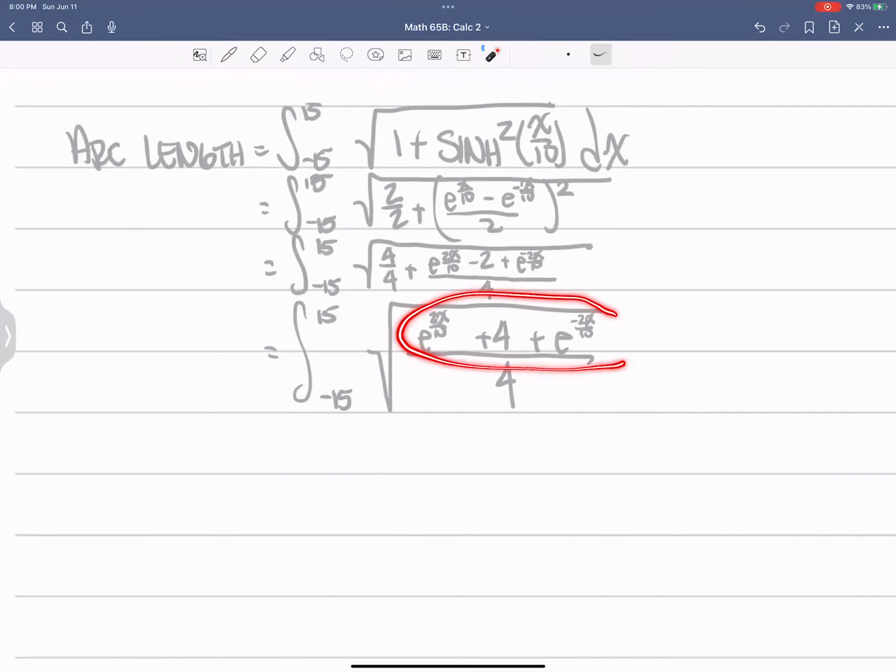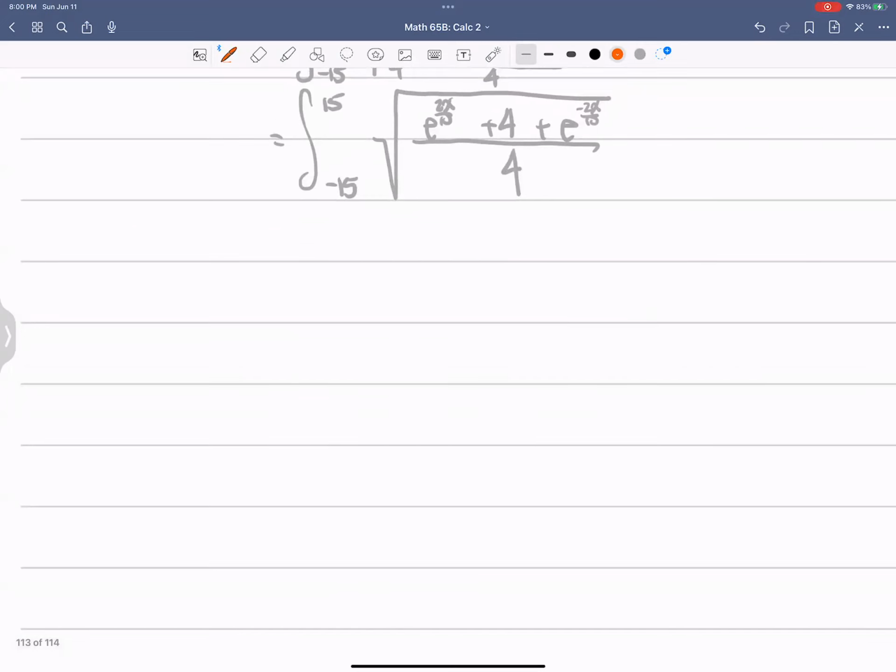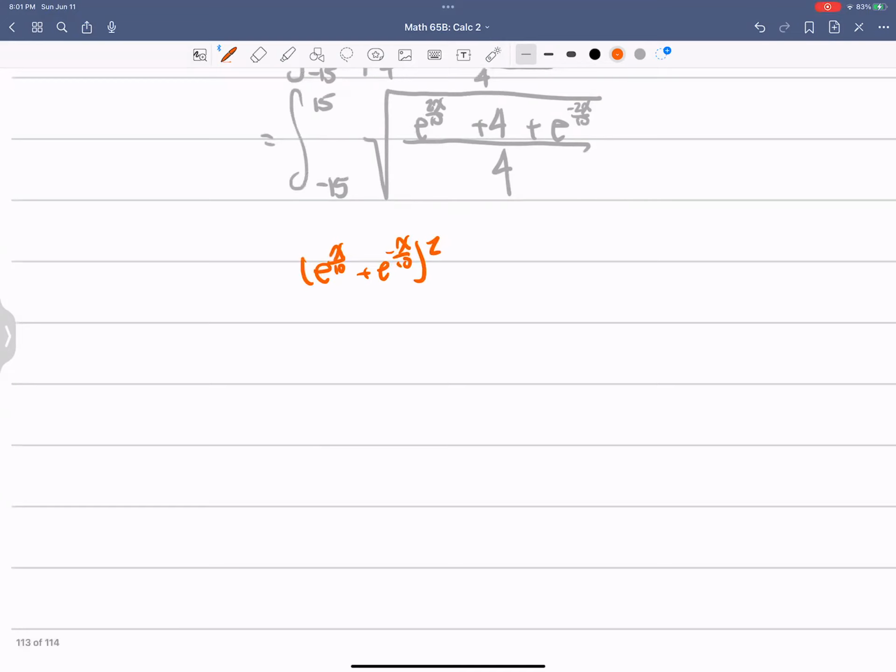If we were to factor this, this looks like cosine squared. Let's do a little background work so you can see what it would look like. In the numerator, take e to the x over 10 plus e to the negative x over 10 and square that: e to the 2x over 10 plus 2 plus e to the negative 2x over 10, all over 4.